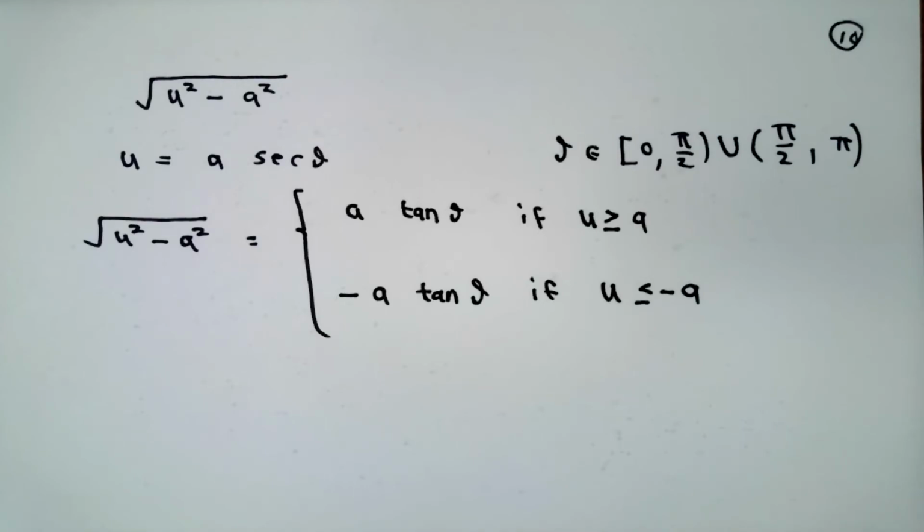In that case, radical u squared minus a squared is either a times tangent of theta, in the case where u is larger than or equal to a, or -a tangent theta if u is less than or equal to -a. This complication is solely due to the fact that we had to use a non-centered interval of theta values in order to get a reasonable inverse cosine function.